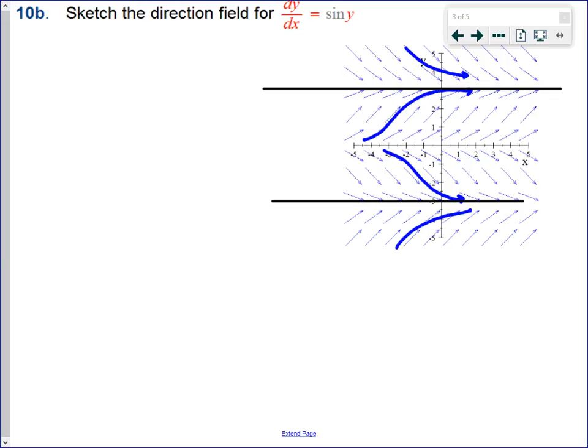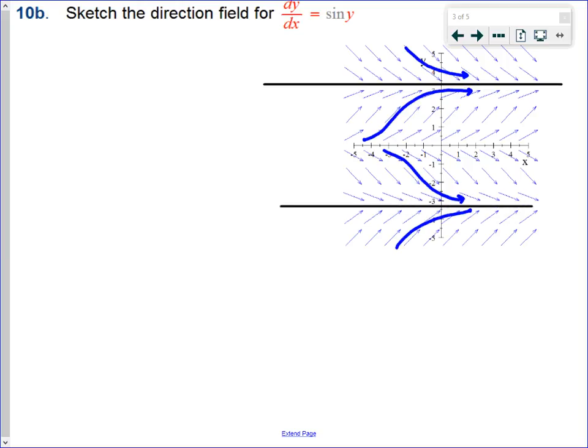So, do you know what these lines are? Well, there are asymptotes, but what's the equations? Look at the function there.